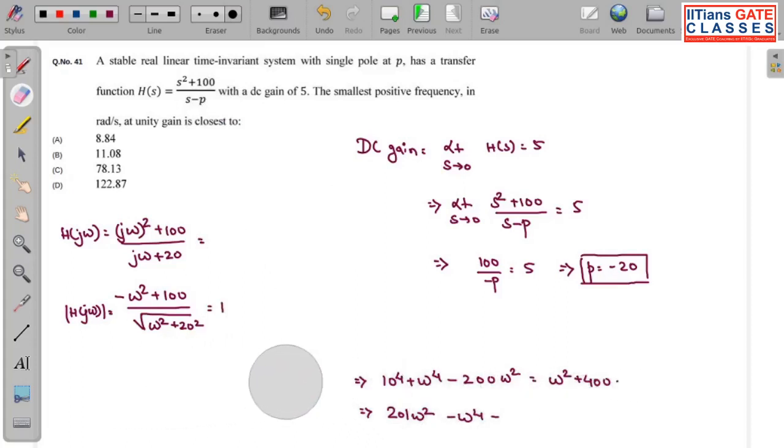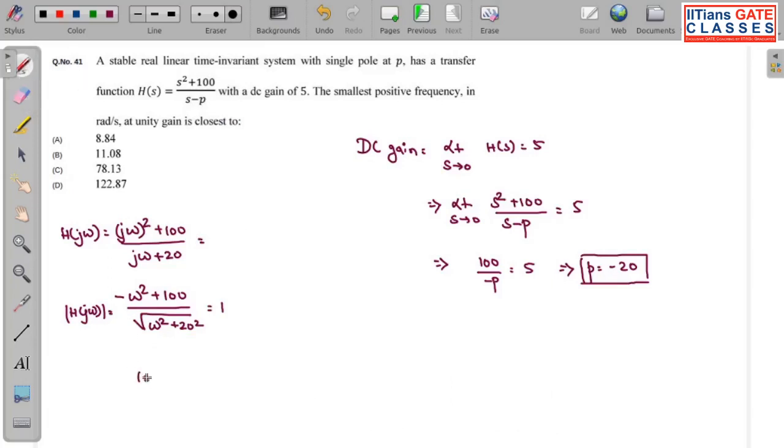As they have given you the options, what we can do? We have (100 minus omega square) divided by under root of omega square plus 400. Now put the values of the options here and check which of them is coming out to be 1. Which of them, option A, B, C, after putting this value, is coming out to be 1.